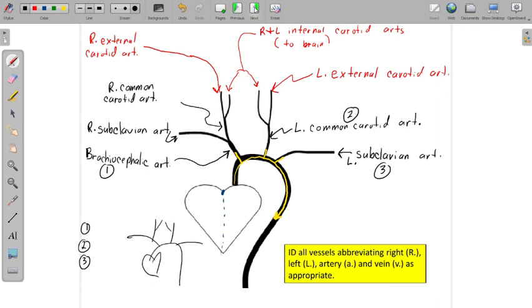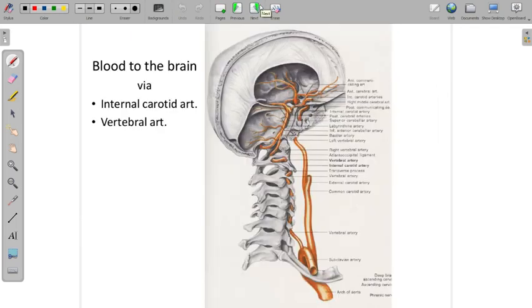Okay, let's move on. And I want to take blood up to the brain. So we're going to go through the circle of Willis, and then we'll end this lecture. So we are taking blood to the brain, which will be through the internal carotid artery. So just to get ourselves started, the labels are small in this, but here is our common carotid.